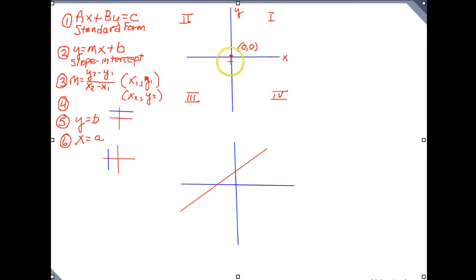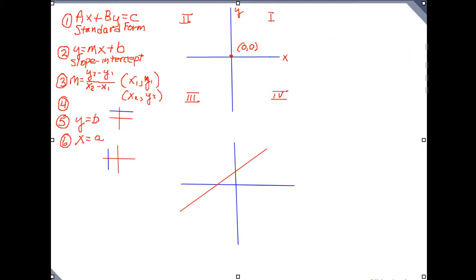Above is positive, below is negative, and it makes the plane divided into 4 regions, which are called quadrants. So this is the first, the second, the third, the fourth. Now in a course that was teaching this, instead of just a quick review, there's lots of stuff here, but for right now we'll use that.